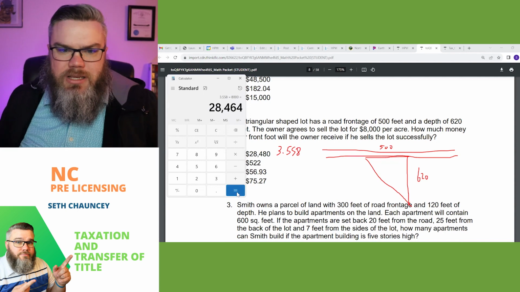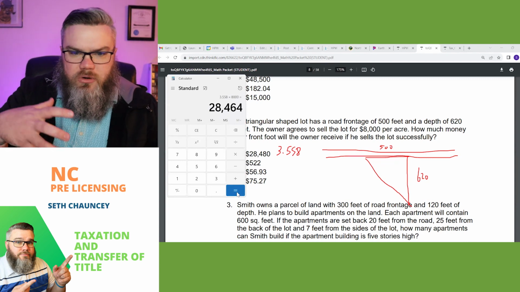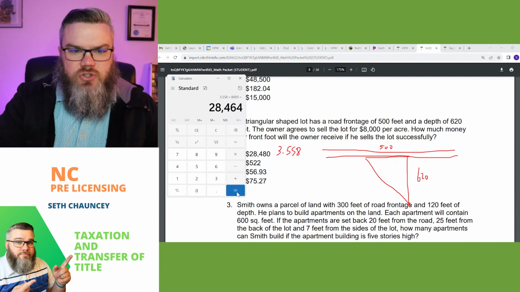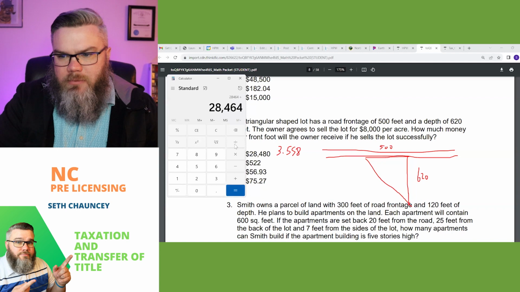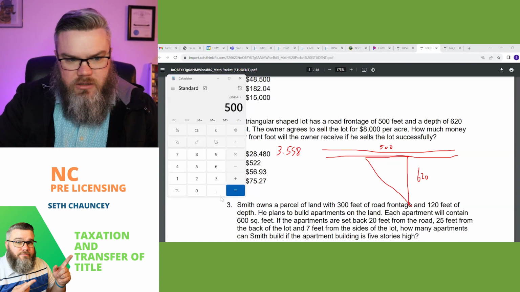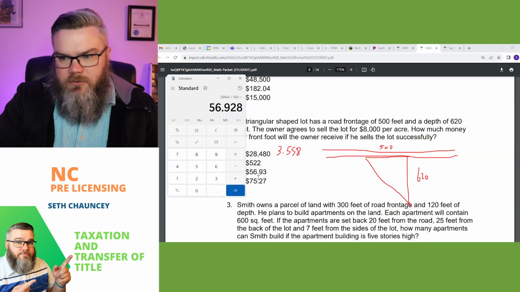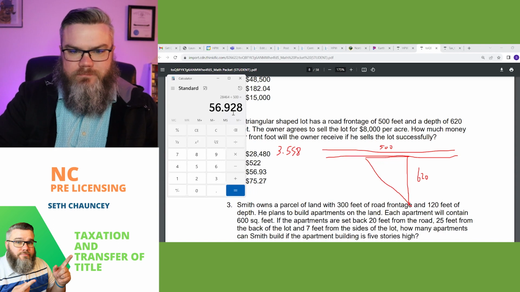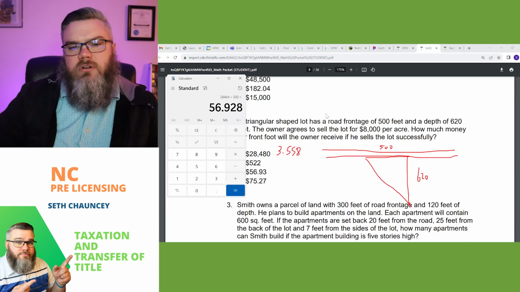But the question is, how much did he sell it for per front foot? So take your sold price and divide it by your front feet. 56.93. Because there are 500 front feet.